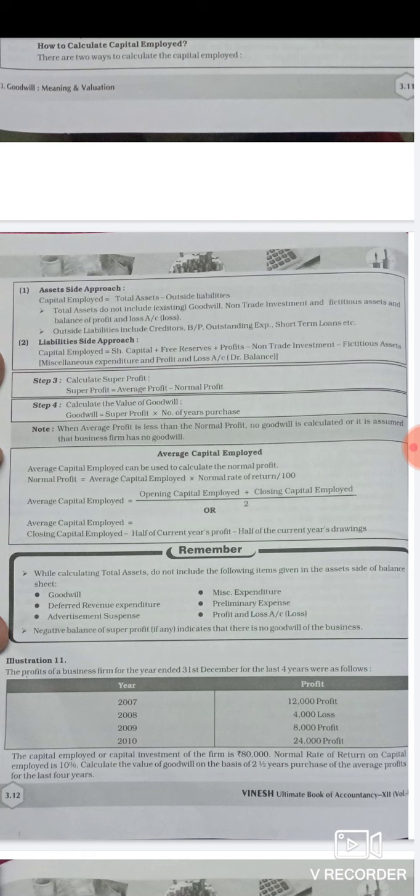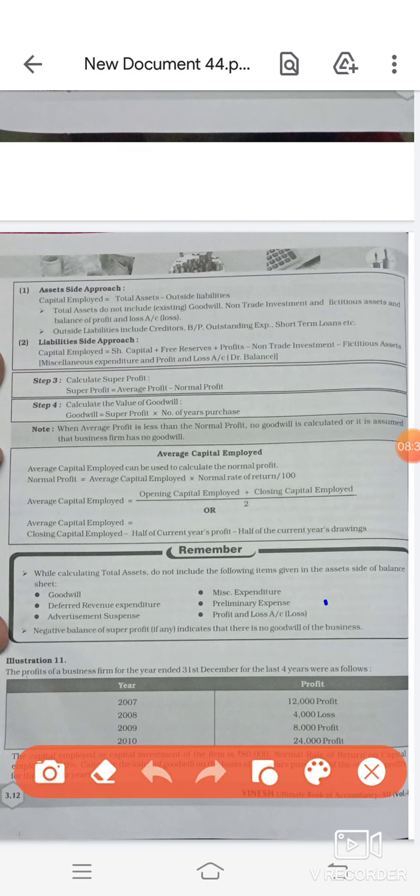Next, while calculating the total asset, we should keep in mind the following: this asset should not be taken into account while calculating the amount of total asset. And if the super profit is coming in negative balance, then what is the meaning? That there is no goodwill in the business. Keep in mind.